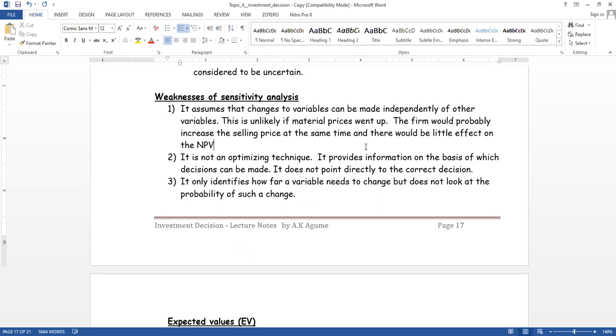Then also it identifies how far the variable needs to change, but does not look at the probability of such a change. Okay, so those are some of the weaknesses of sensitivity.